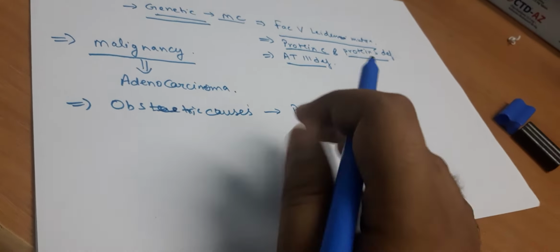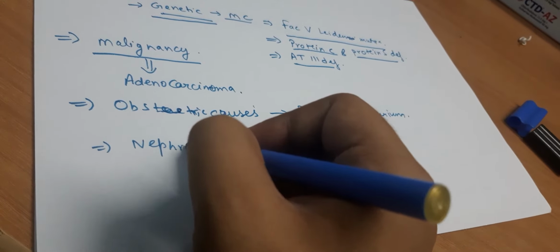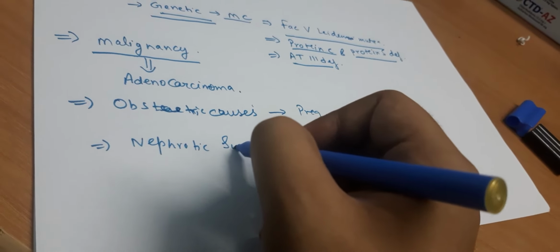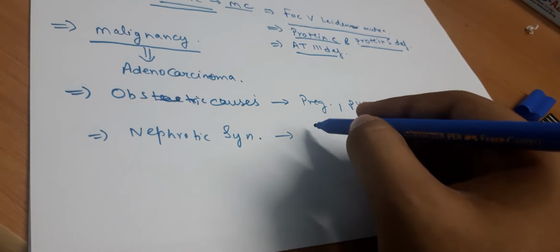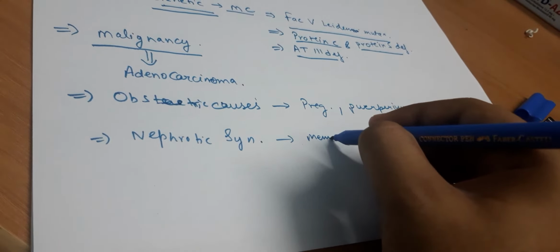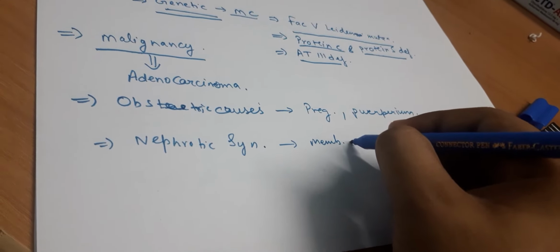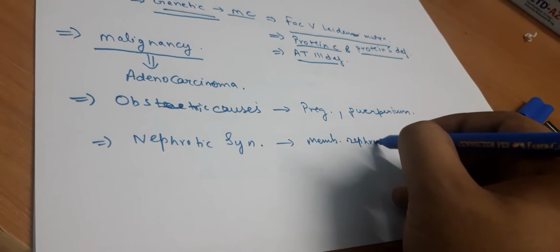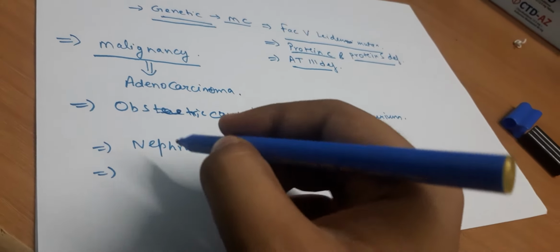Then we go to nephrotic syndrome. Nephrotic syndrome is also a risk factor of pulmonary thromboembolism. In nephrotic syndrome, there is membranous nephropathy, which causes pulmonary thromboembolism.